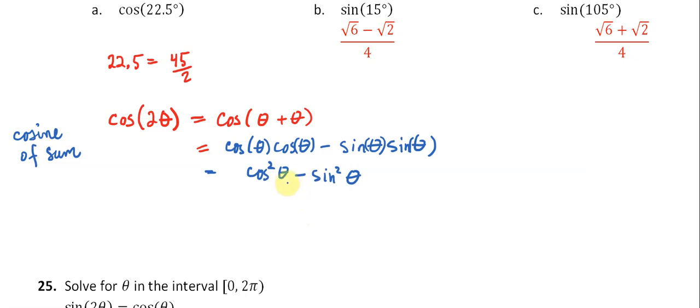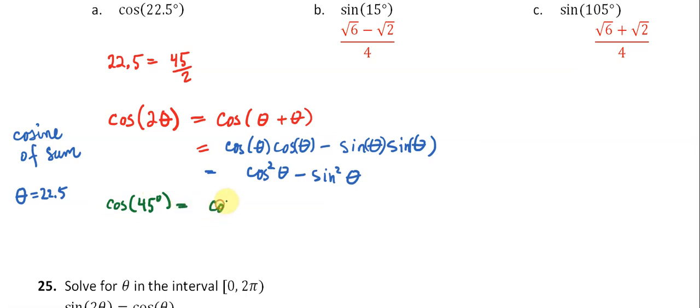And so here, let's engage with the problem a little bit now that we've got an expression. Keep in mind, our goal here is to solve for the cosine of theta. So in our specific example, theta is equal to 22.5 degrees. And so if we look at the expression here, cosine of 2 theta, well, that's just cosine of 45 degrees.